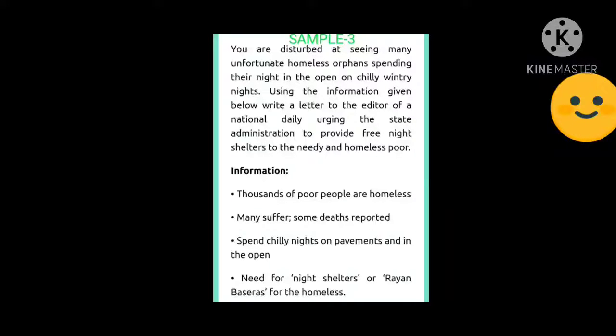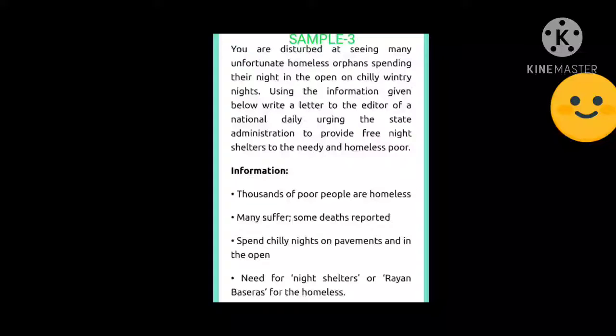This is also a common issue, and we find many orphans, helpless people, maybe wandering on the roads and sitting and spending their time or life on the footpaths. And what are the clues given to be included in the letter? Thousands of poor people are homeless. Many suffer, some deaths reported.